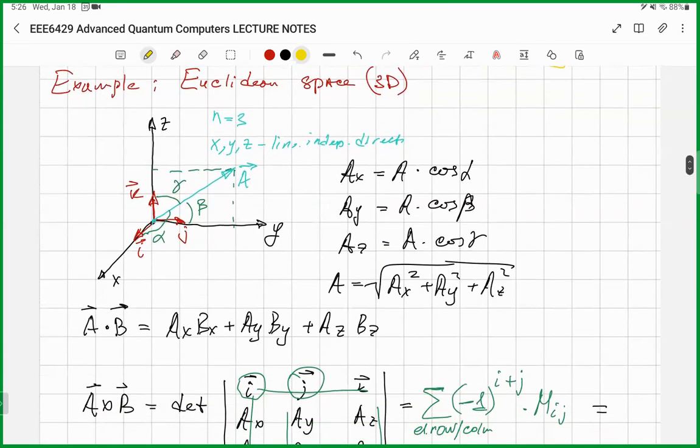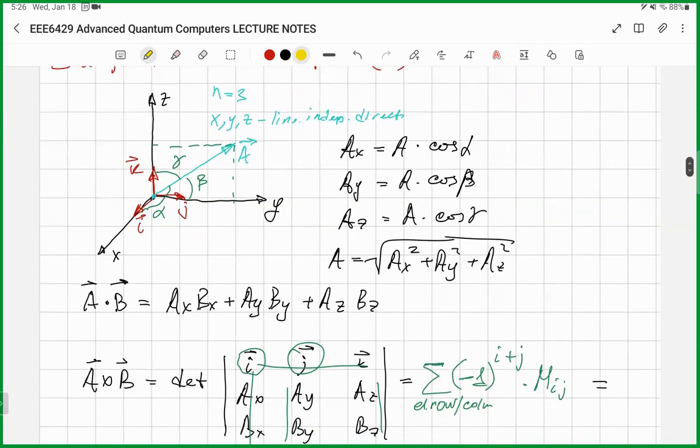Then we discussed an example. As an example, we took the Euclidean space. This is our three-dimensional physical space. In our space we introduce a coordinate system, the Cartesian coordinate system x, y, and z.